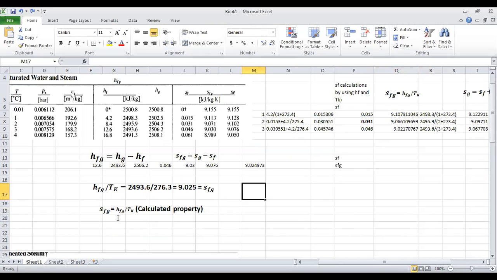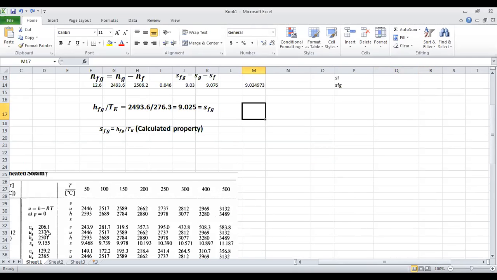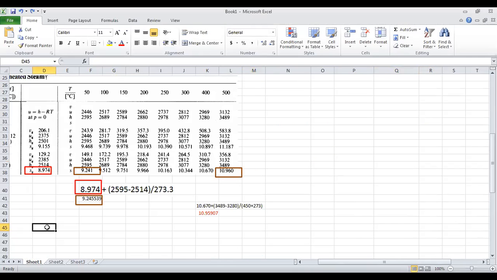So you know, entropy values are calculated properties. So that is the bottom line of today's evaluation. Entropy values are calculated. Okay. So that is one of the messages today.